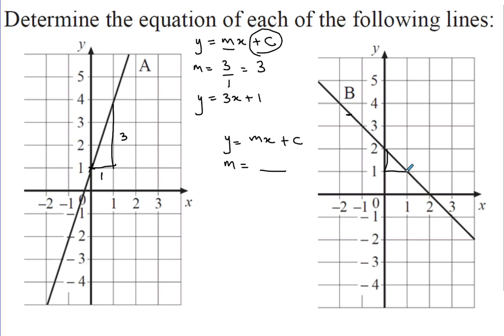So when we're drawing our triangle that way, you can see x is getting less, so it's minus 1. So again, it's your change in y, which is 1, divided by negative 1, which is just minus 1. So the first part of your equation is y equals minus x, and then your c is your y-intercept. Where is it crossing the y-axis? At 2, so y equals minus x plus 2.